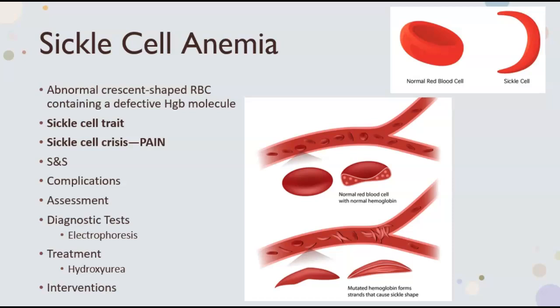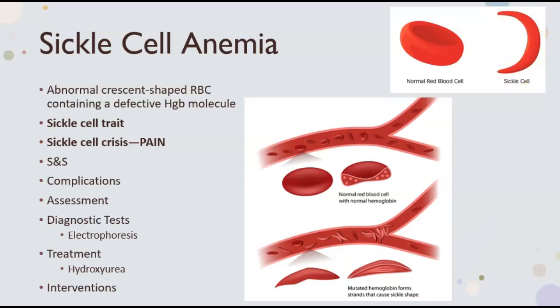The last anemia we'll talk about is sickle cell anemia. So this is when the red blood cells are an abnormal crescent shape and they contain a defective hemoglobin molecule. So you can see up here, this is what a normal red blood cell looks like, and your sickle cell anemia red blood cells are going to look like a sickle shape.